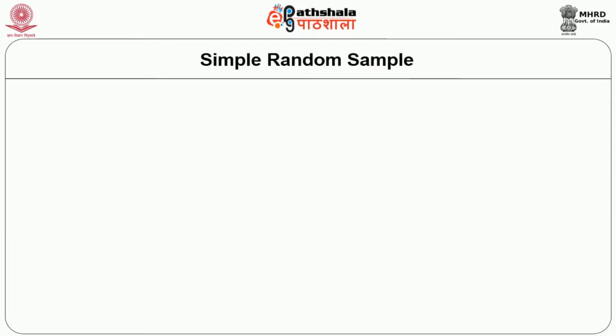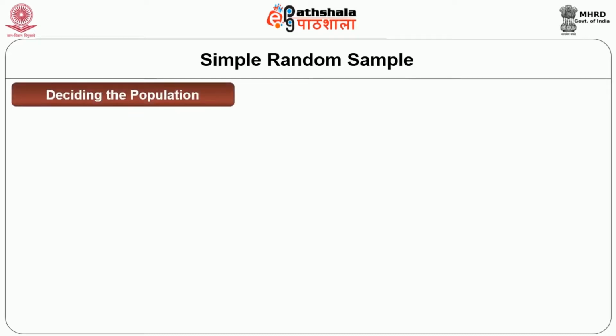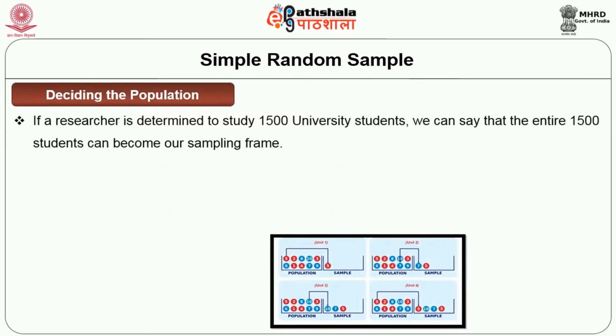Now, as we understand what a simple random sample is, let's consider how to select a random sample, which involves a few important steps to be followed. The first one is deciding the population. If a researcher is determined to study 1500 university students, we can say that the entire 1500 students can become our sampling frame.